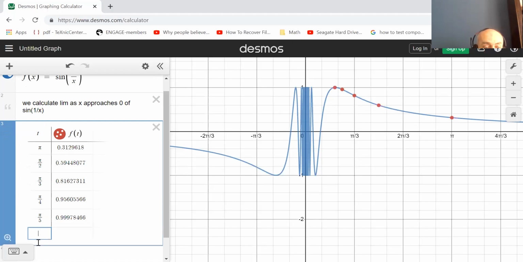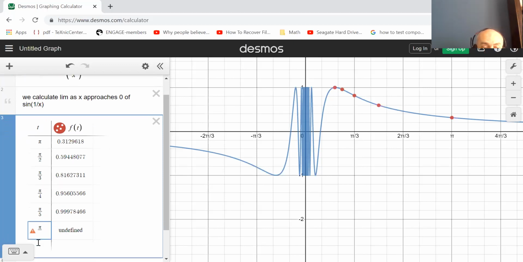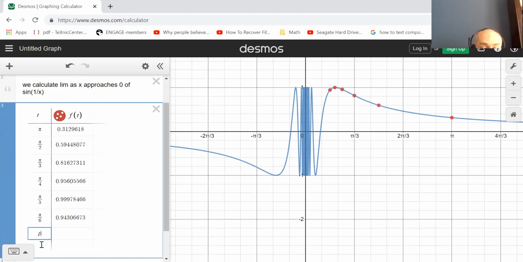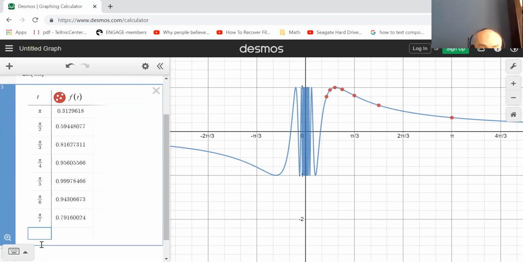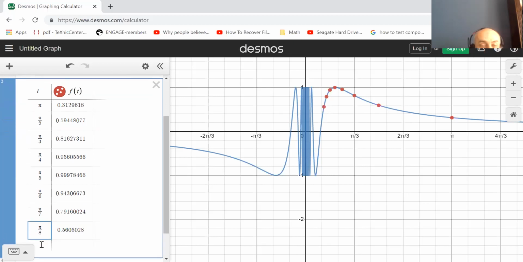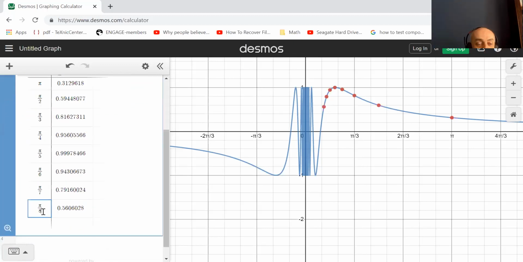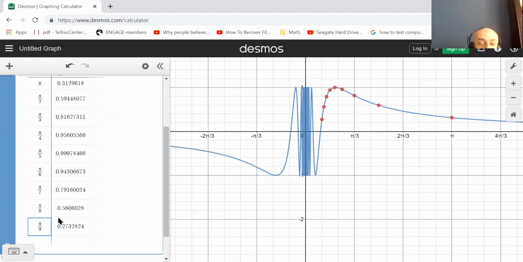And then we do pi over 6. Then we do pi over 7. Then we do pi over 8. And I can play with these numbers as much as I want. So I can do a lot of values of pi, pi over 9, and so on and so forth.